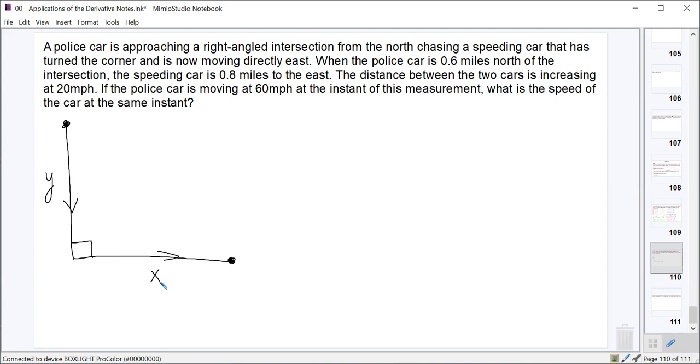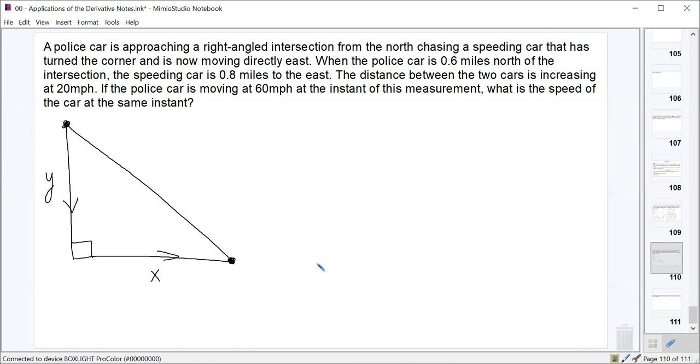The next thing that it tells us is that the distance between the two cars is increasing at 20 miles an hour. Well, the distance between the two cars would be, looks like, the hypotenuse of a right triangle. And first of all, we don't actually know what that distance is, but we also know that distance is changing, right? Because as this car moves down here, it ends up here, and this car is moving this direction, clearly the hypotenuse of that right triangle is changing as well.